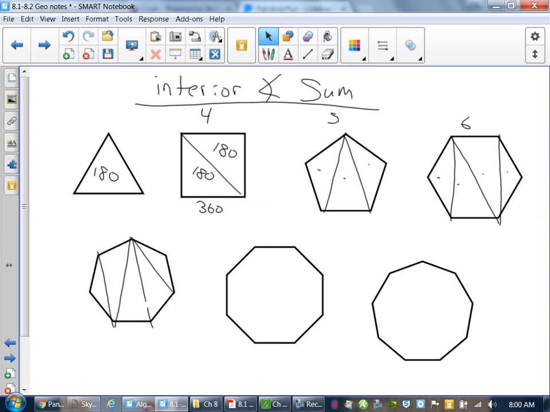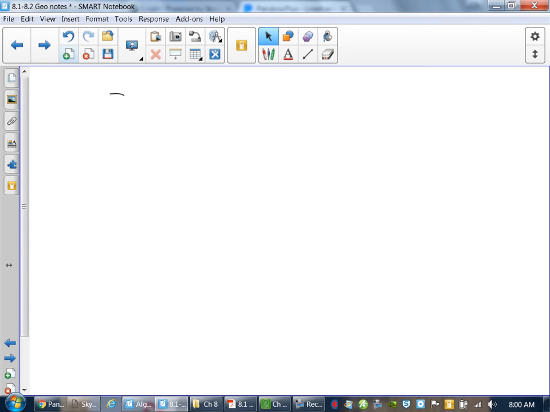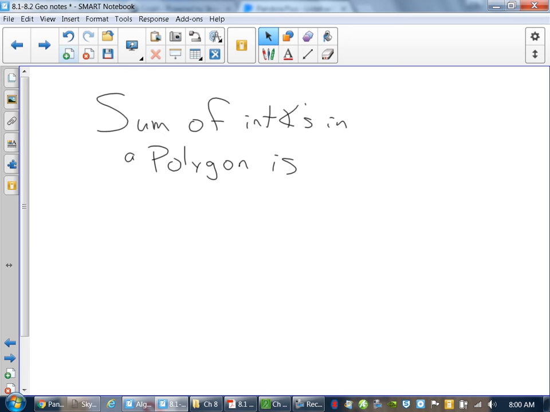So each and every time, the sum of the interior angles in a polygon is the number of sides minus 2, times 180. So if it has 9 sides, it's 9 minus 2 times 180.